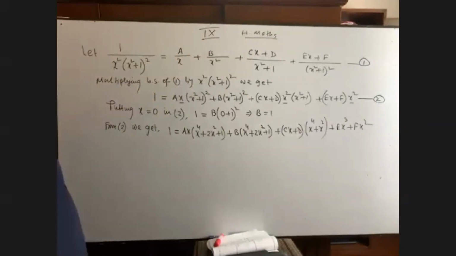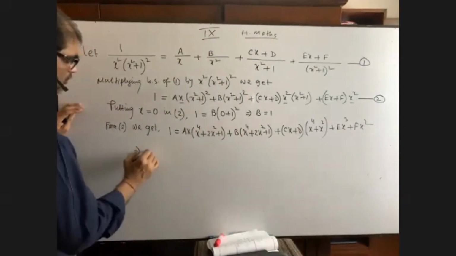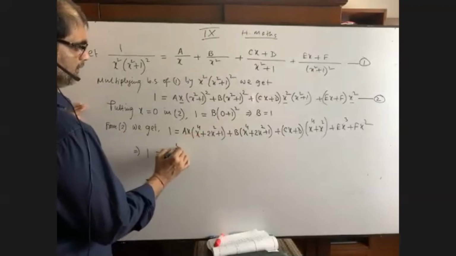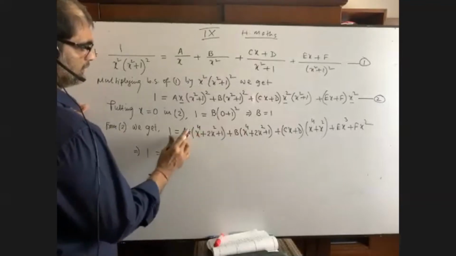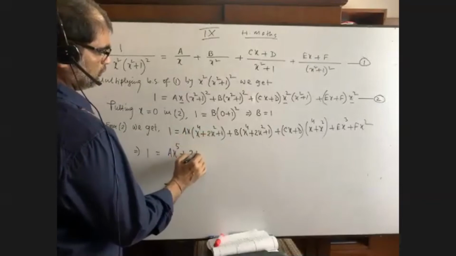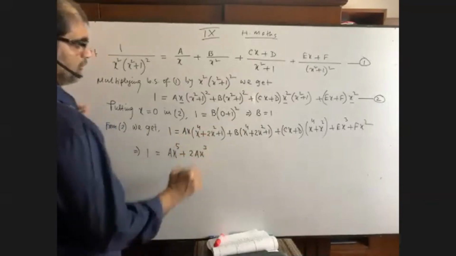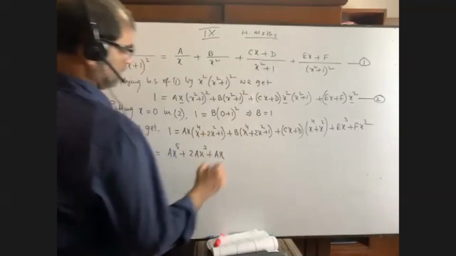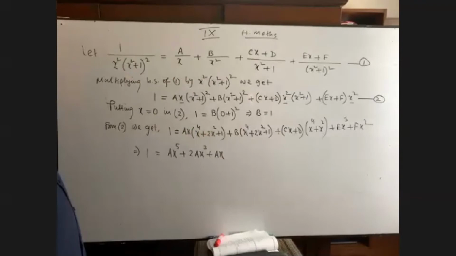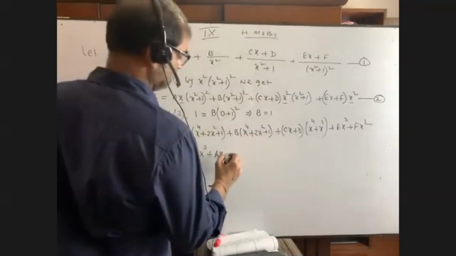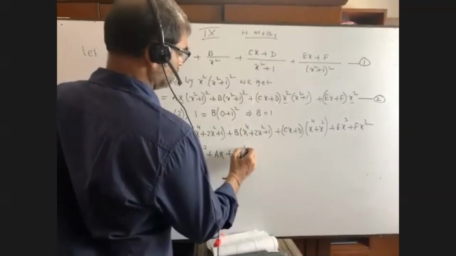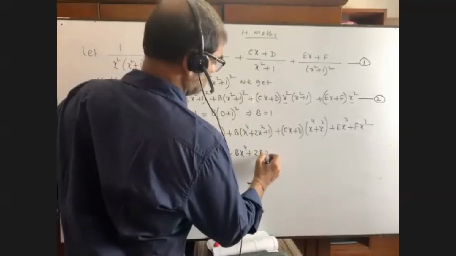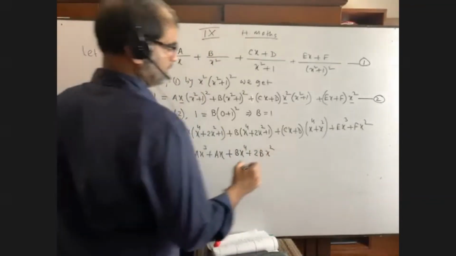But we are not done yet, which implies that 1 is equal to ax to the power 5 plus 2ax cube plus ax. Here we get bx to the power 4 plus 2bx square plus b.